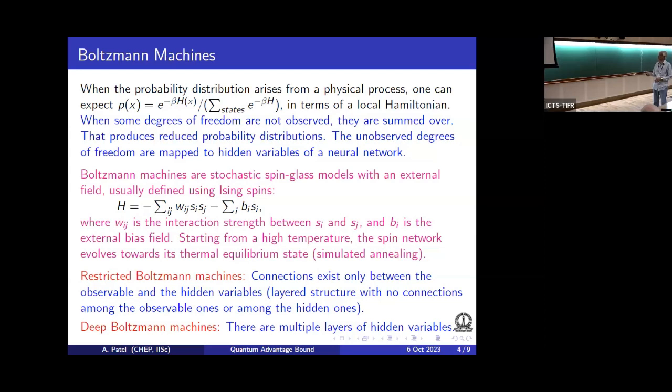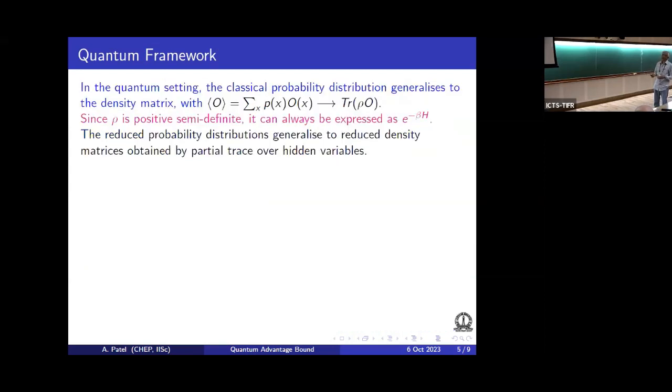And now let me jump to the quantum part. You don't have to worry too much about the neural network details to understand the quantum part. So what are you going to do when you replace this statistical mechanics by quantum mechanics?